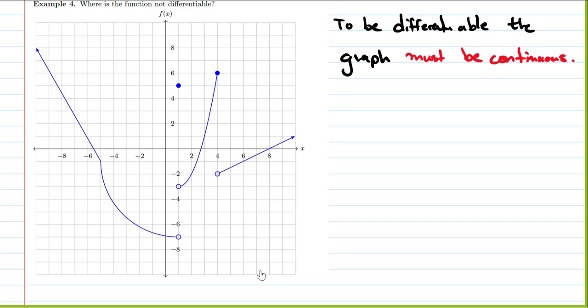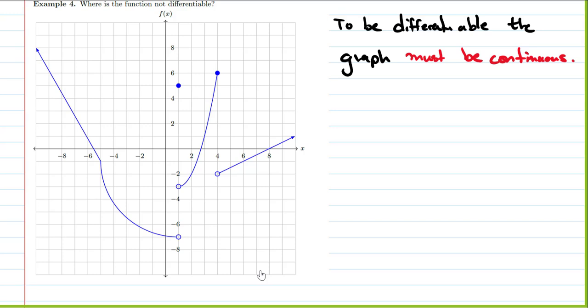So what that means in logic is that the graph has to be continuous. If it's not, it can't be differentiable. But being continuous by itself is not enough to guarantee differentiability. So it's necessary, but not sufficient. So we know if it's not continuous, then indeed it's not differentiable. But to be differentiable, we need a little bit more.